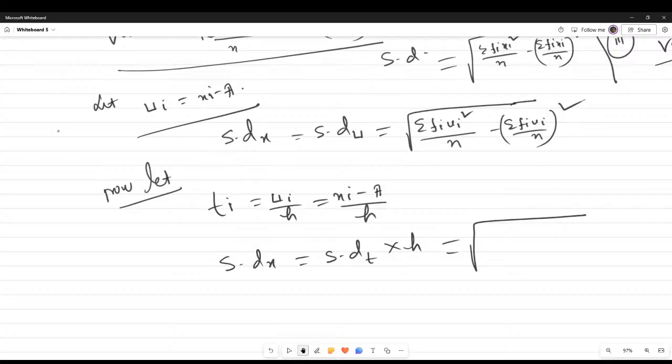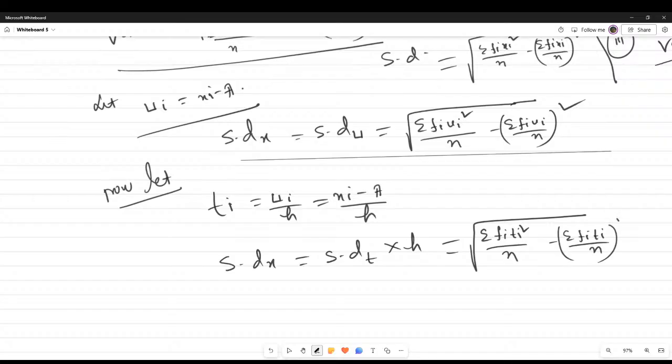Because you have divided, you have to multiply. This follows from the property: change of origin does not change the SD, but if you divide, then the SD you have to multiply. So this is going to be sigma fi ti square by n minus sigma fi ti by n whole square, into h.